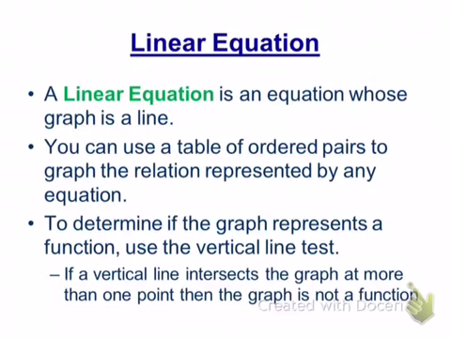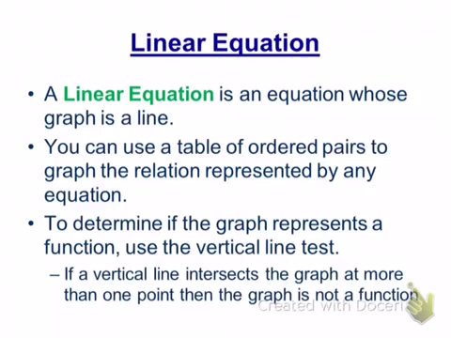So, a linear equation. This is some review stuff. I don't think you need to write this down necessarily. A linear equation is an equation whose graph is a line, right? Linear is linear. You can use a table of ordered pairs to graph the relation represented by any equation, right?